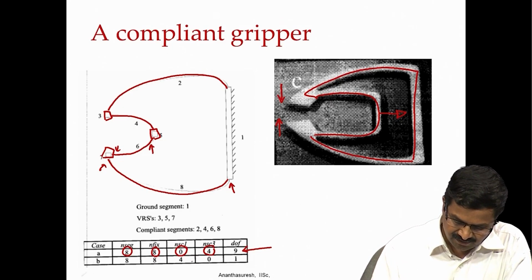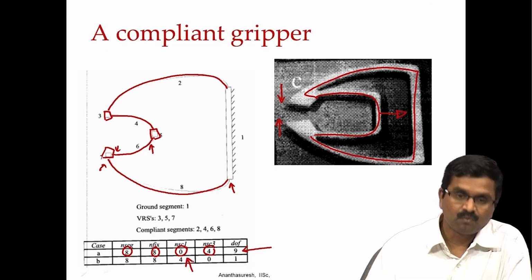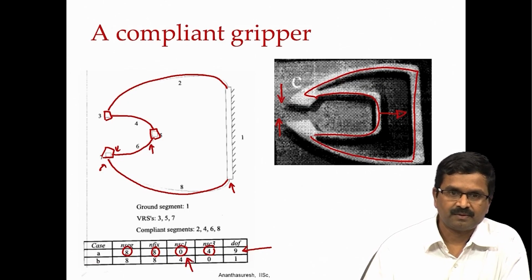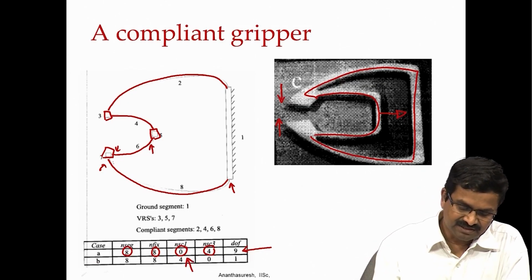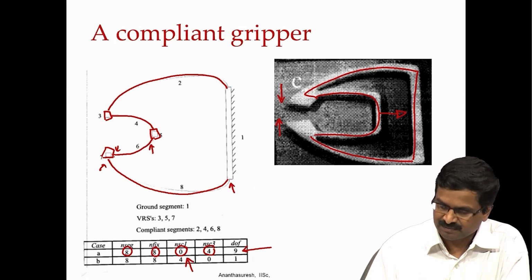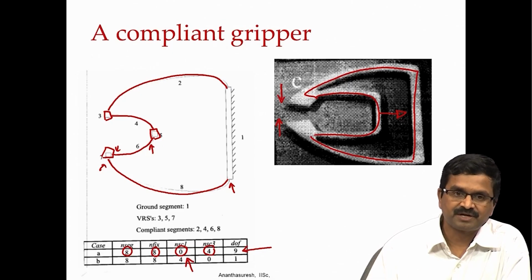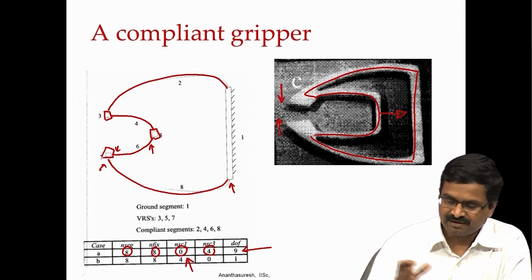In case B, we are saying that instead of NSC 3 being 4, NSC 1 is 4. That means each of these segments has segment compliance only 1. What does it mean? In this particular case, these segments only bend, they do not stretch or move in 2 dimensions.